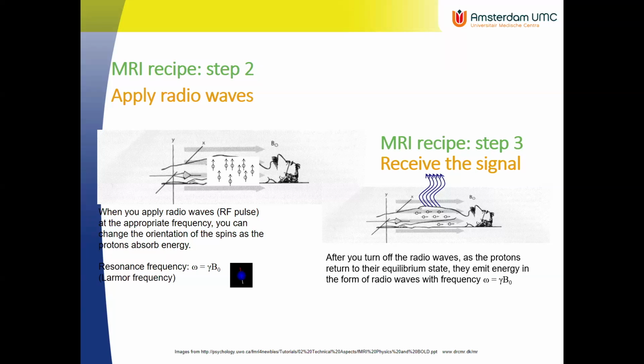So they have interactions and they have different energy levels, etc. But for now, you can look at all those protons as one group, and we put the energy into all the spins together, all the protons, and also the signal we are receiving is from the whole group. And we really take care not to look at the individual spins because that is going to be very complex if we really try to understand.